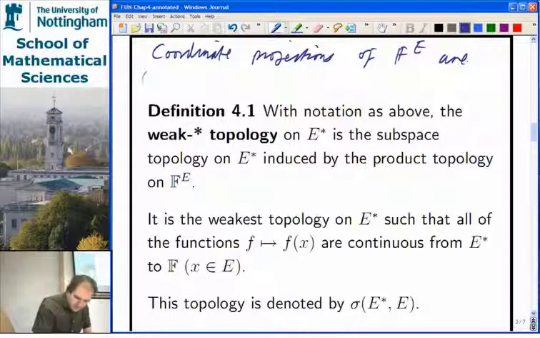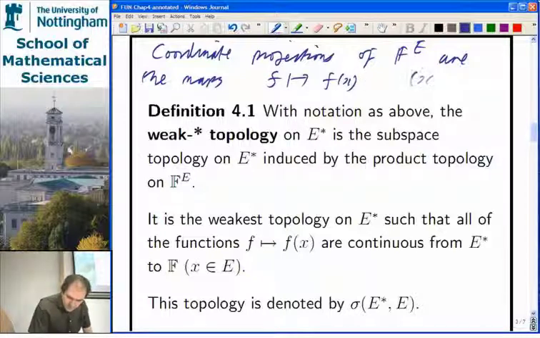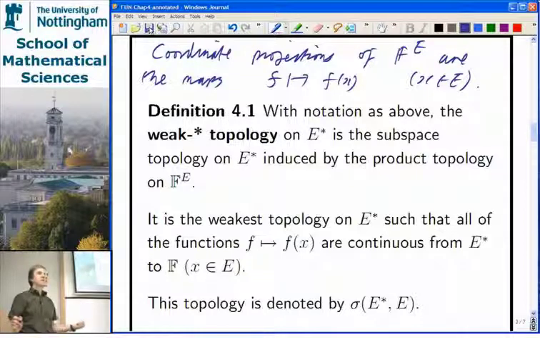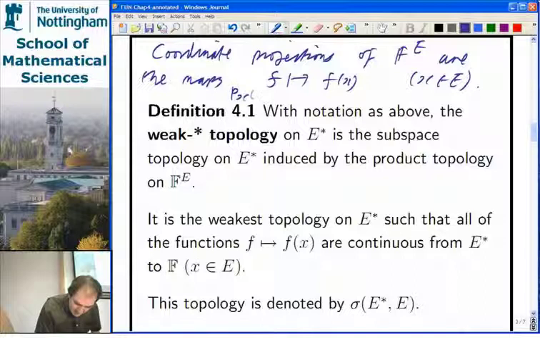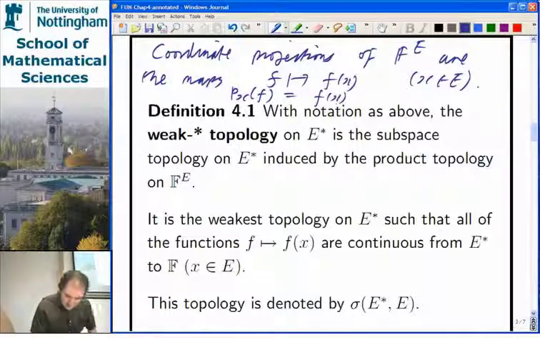They are the maps f goes to f of x, where x is in E. So for each x in E, you get a coordinate projection. So you can think of P sub x of f as equal to f of x. And that's the coordinate projection onto the x coordinate.